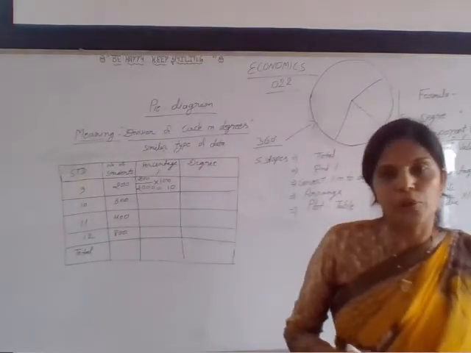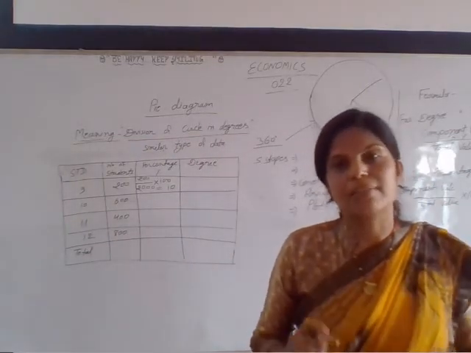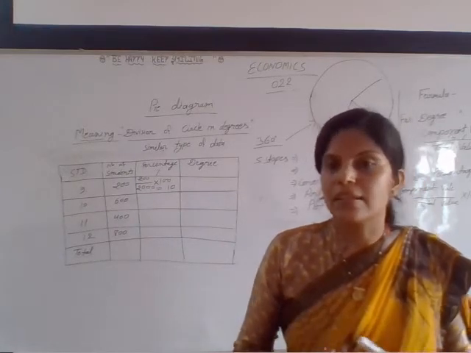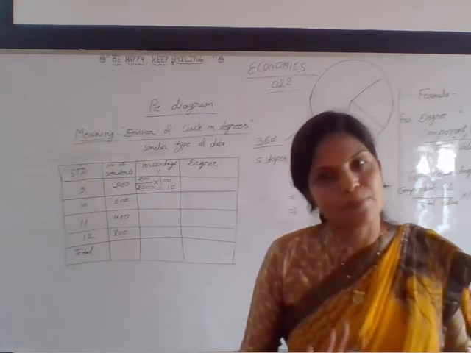For a 1 mark answer, write only one sentence: the division of a circle in degrees is the pie diagram.